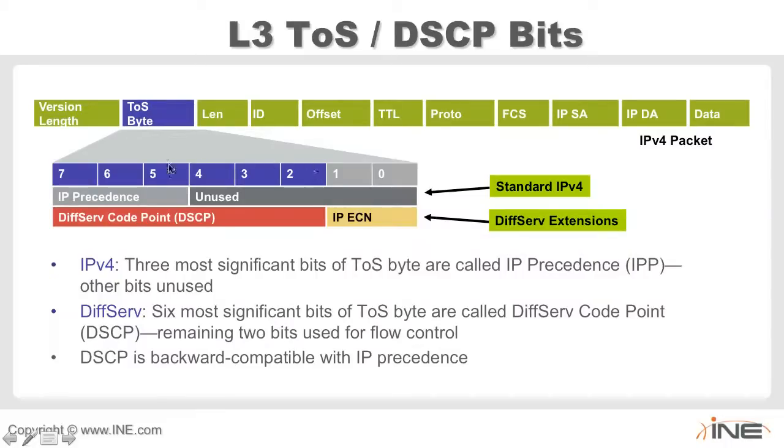So DSCP can be a little confusing, but it's important that you understand it and understand how to see which bits are used. So for instance, AF41: of these 3, this is the 4, so that bit is flipped to on. And then 41, if we're looking at the 1, the drop probability, this is the 1, this is the 2, so this bit is flipped to 1, or on. So we basically have 1, 0, 0, 0, 1, 0.